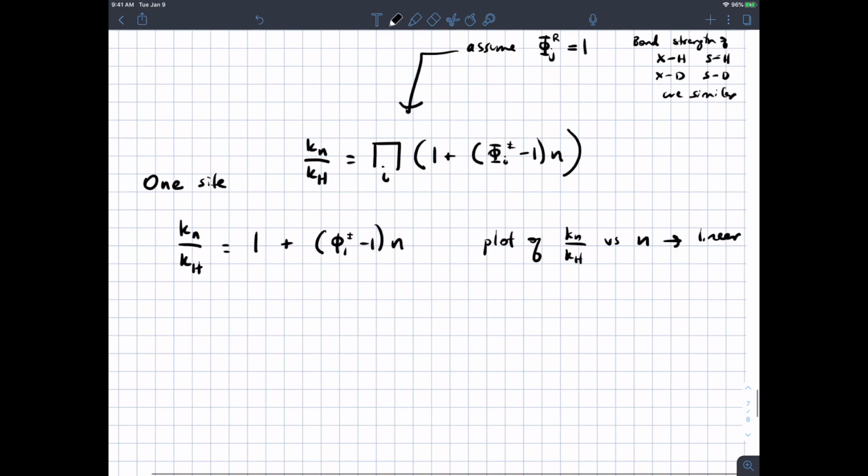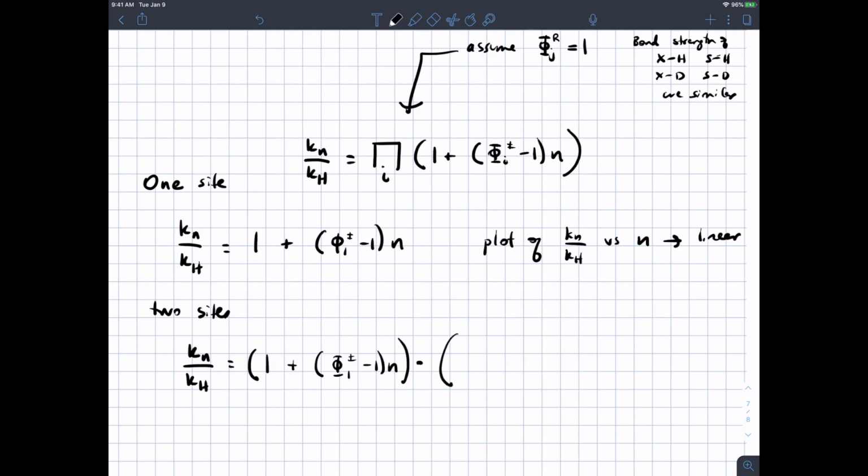In contrast, if we have two sites involved, two protons involved in the reaction, the ratio in our mixture versus with just pure protons will be 1 plus the fractionation factor of site 1 in the transition state minus 1 times n, times 1 plus the fractionation factor of site 2 in the transition state minus 1 times n.